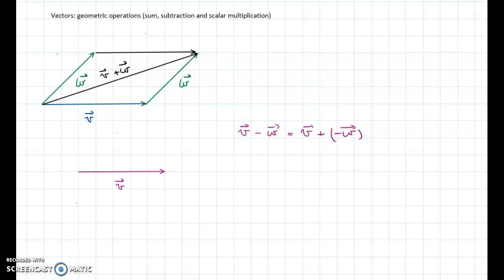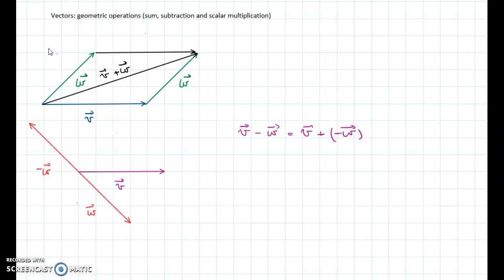So whatever my w is, let's say this is w, then I'm going to consider another vector that is exactly like w but with the arrow pointing in the opposite direction. So that is how it looks, minus w. And this is the vector I need to sum to v.